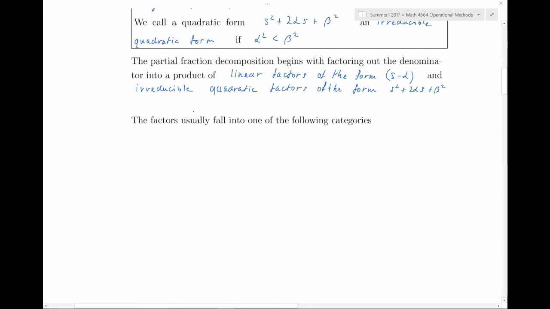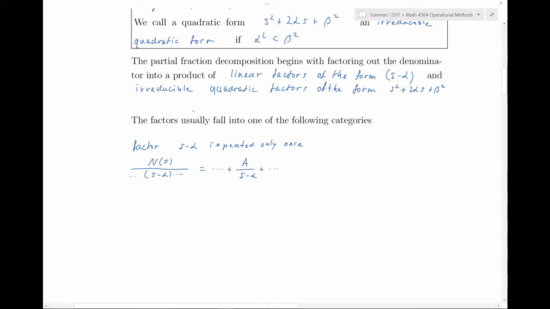We may have a simple root, and therefore the factor s minus alpha repeated only once, and therefore the fraction looks like whatever it was on the top, and the denominator has only one term, s minus alpha, on the bottom, and the partial fraction of it will contain only one term with s minus alpha, and perhaps other fractions.